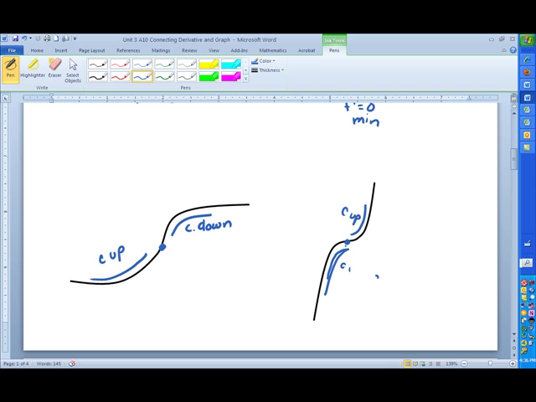And let's look at the situation here. If we can imagine drawing a tangent line just at that point, this is where the first derivative does not exist. An example of that would be something like y equals x to the 1/3.